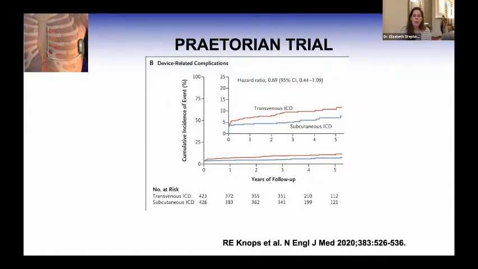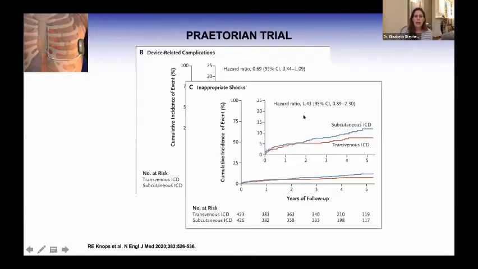So what they found was, not surprisingly, that in the transvenous ICDs, there was a higher risk of device-related complications, and that there was a lower risk in transvenous of inappropriate shocks.